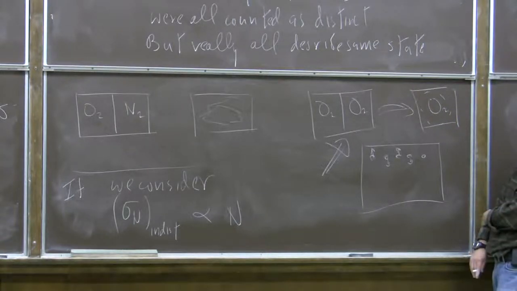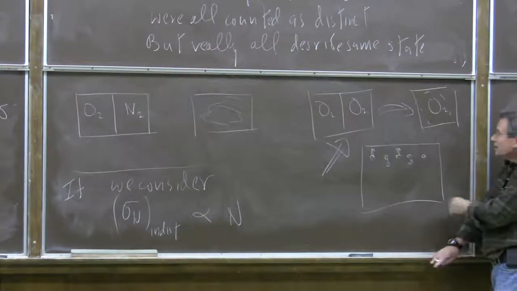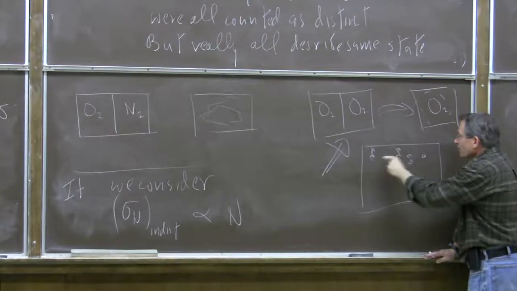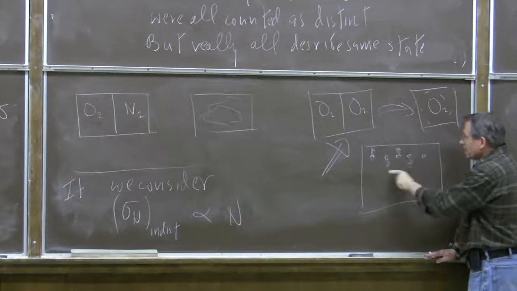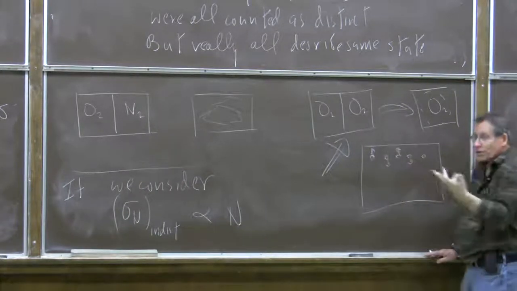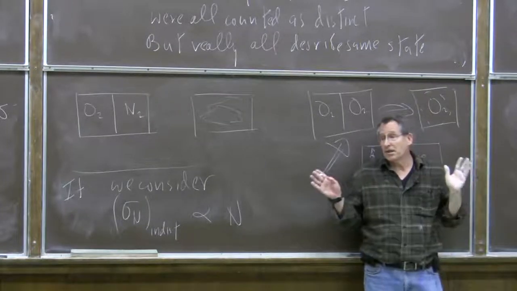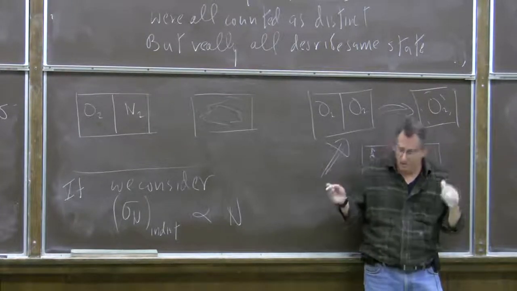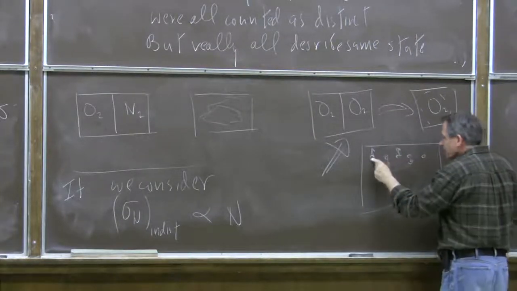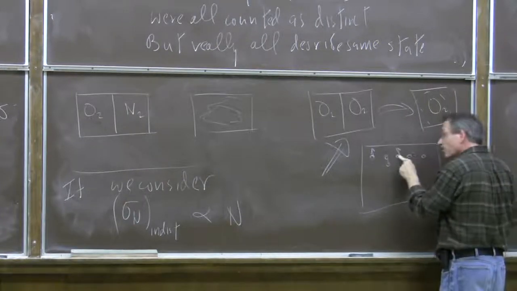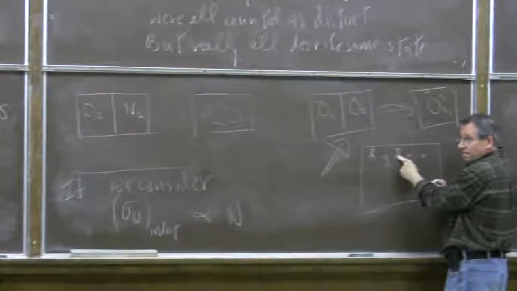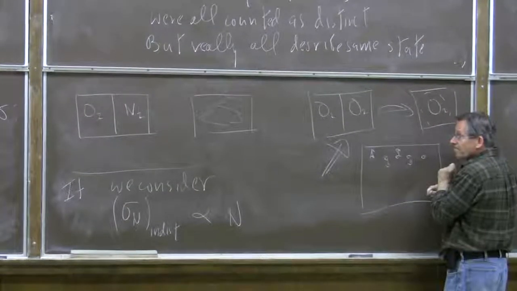Each one of those counts as a different state if we change the configuration, meaning for each one of these lattice sites in the magnet, we change which ones are up and which ones are down. But once we fix which ones are up and which ones are down, that completely specifies the configuration. So we don't try to distinguish between this spin being Irving and this spin being George. That's the sense in which we're treating them as indistinguishable. All we care about is whether they're up or down.